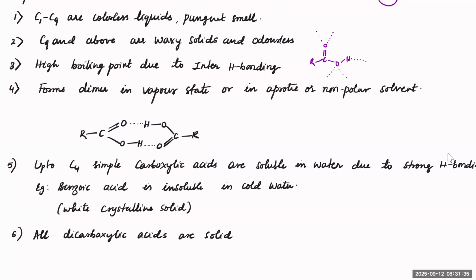That's why if I take 2 moles of benzoic acid, C6H5COOH, and keep it in benzene, this will convert into (C6H5COOH) twice. Twice means it has become a dimer. Got it?